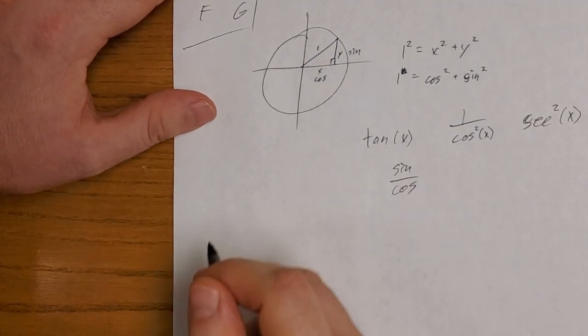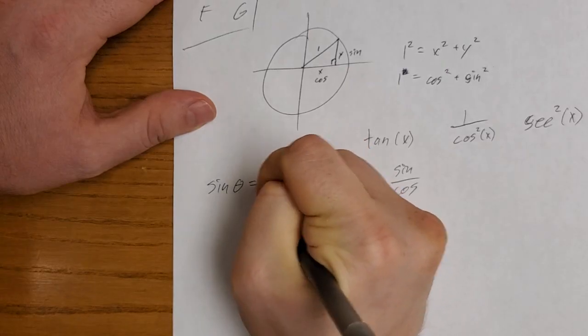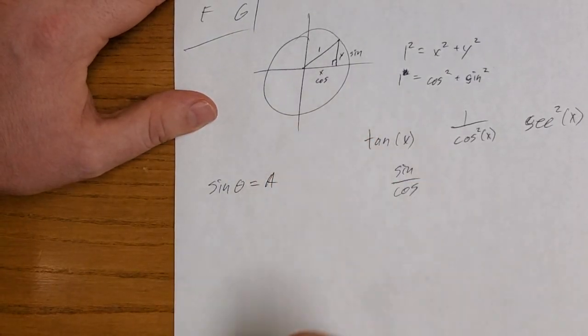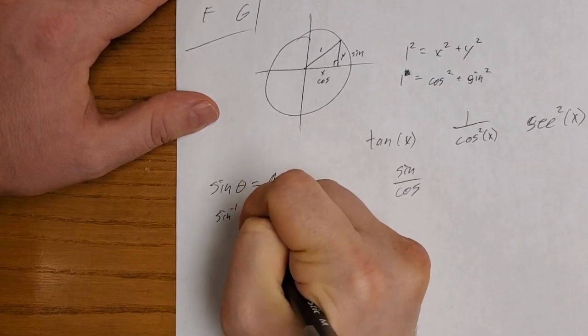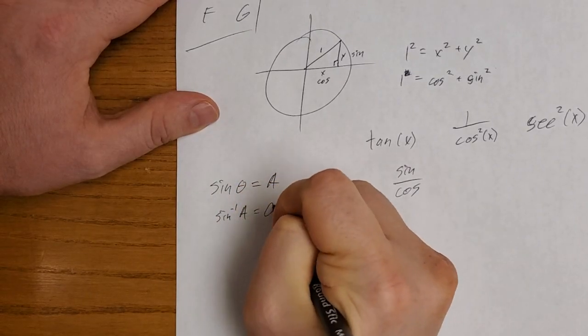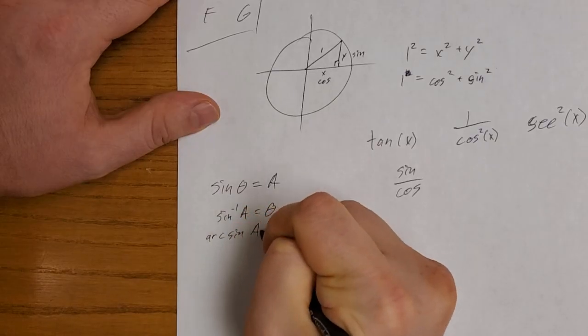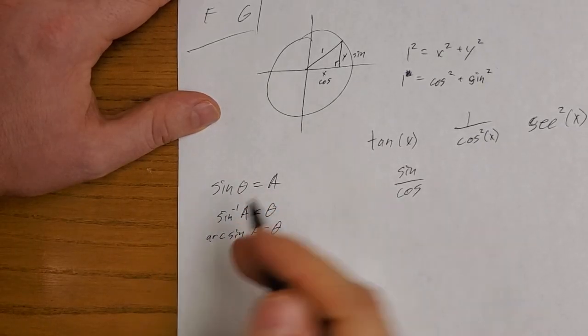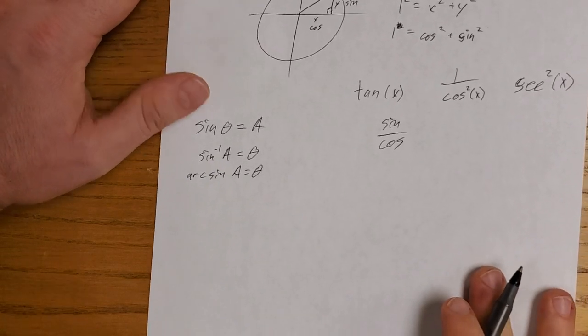And again, what do I mean by inverse? I mean if the sine of theta is some number, let's call it a, then the inverse sine of a equals that theta, or you might see it called the arc sine. That's just different ways of writing the same thing, as we see so often in math.